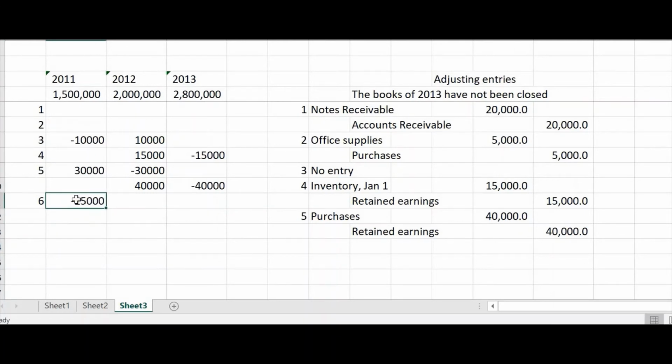That would mean understatement in sales for 2012 and understatement of your net income. Since nag-counterbalance ito by 2012, then wala nang error. Wala nang adjusting entry.